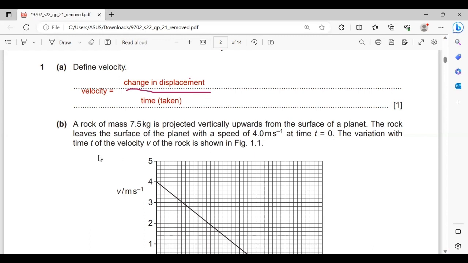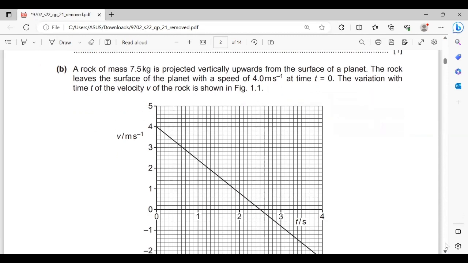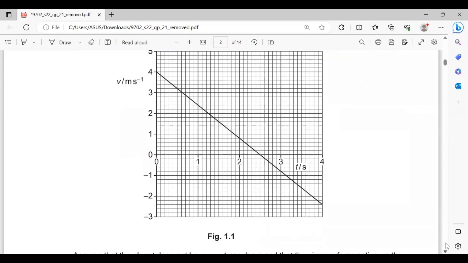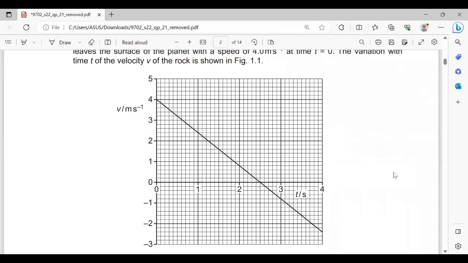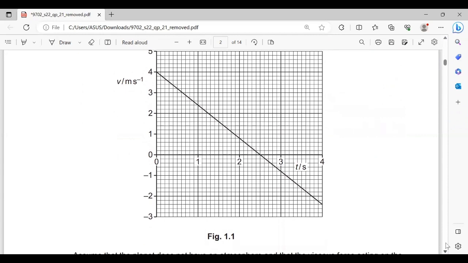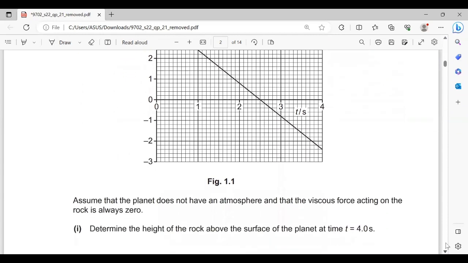The variation with time t of the velocity v of the rock is shown in figure 1.1. Okay, let's look at figure 1.1 on the graph, and let's look at the question.